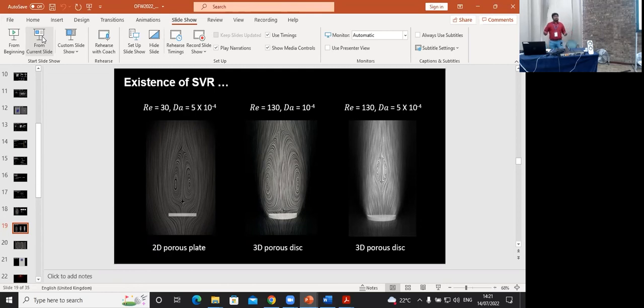But in 3D, we still see a stable vortex ring. And as we change the Darcy number, making the disk more and more permeable, the distance of the recirculation bubble from the pappus increases and the size of the recirculation bubble becomes smaller and smaller, and slowly it disappears. That means at a very high permeability, the flow will just pass through the body and there will be no recirculation bubble in the flow field.